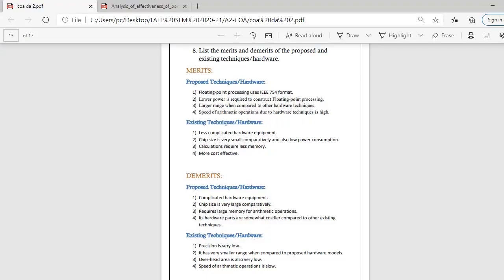Coming back to my DA, eighth question, list the merits and demerits. I differentiated the merits and demerits for proposed techniques and existing techniques in terms of floating point processing and fixed point processing, area, speed of arithmetic operations, cost and size of chip, and also complicated hardware equipment.